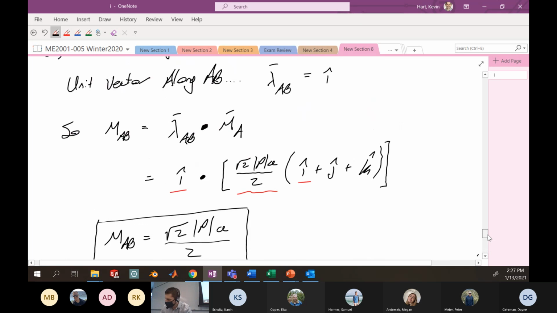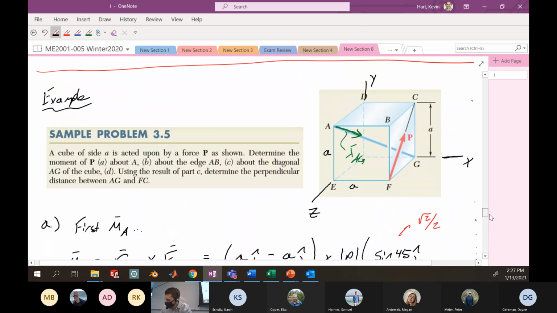So going back up to my figure, I want to think about going from point A to point G and how far I have to travel to get from A to G in these cardinal directions. Okay. Well, if I think about that, I've got to go 1 unit of A in the x direction. I've got to go minus 1 unit of A in the y direction. And I've got to go minus 1 unit of A in the z direction.